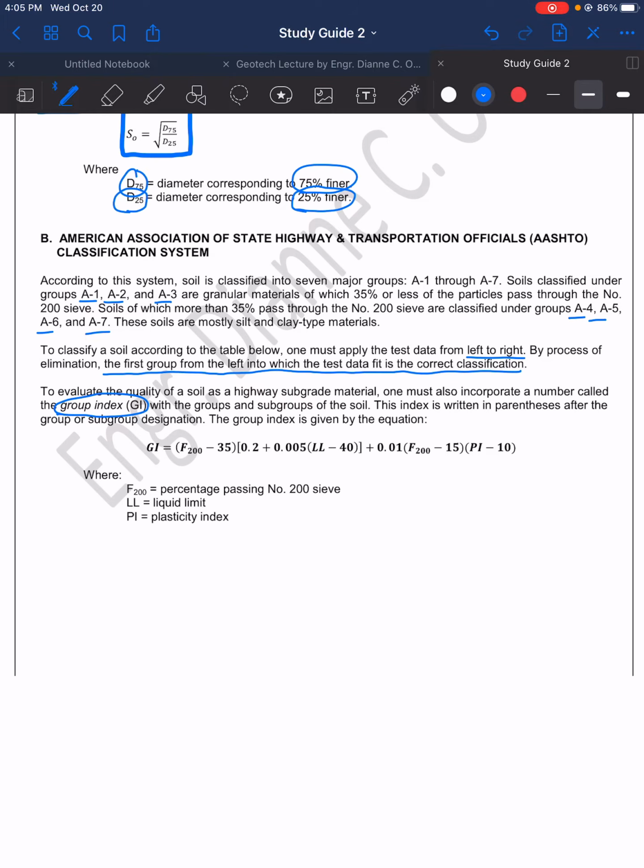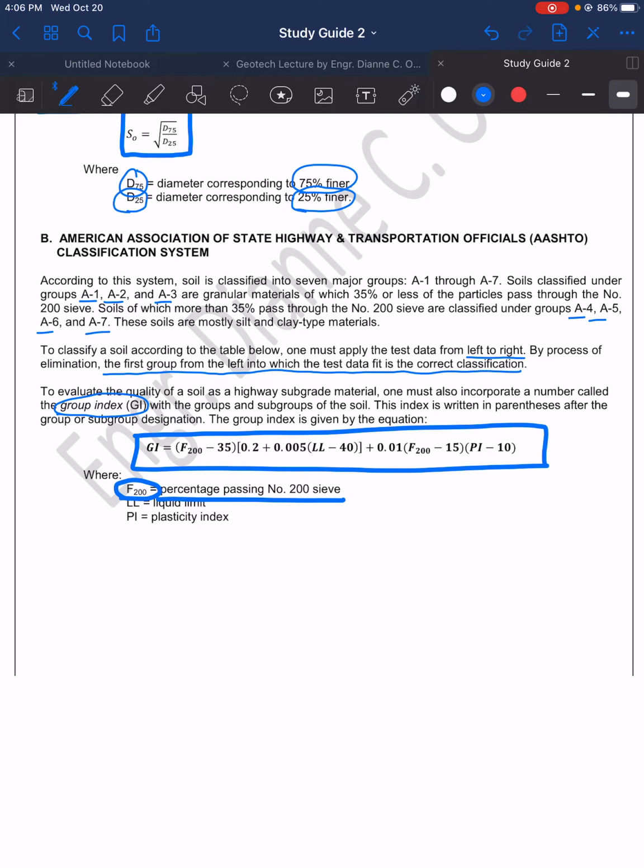This index is written in parentheses after the group or subgroup designation. The group index is given by the equation, so this is to be memorized if it's not given in the problem. Group index or GI is equal to F sub 200. What is F sub 200? That is the percentage passing number 200 sieve. Okay?